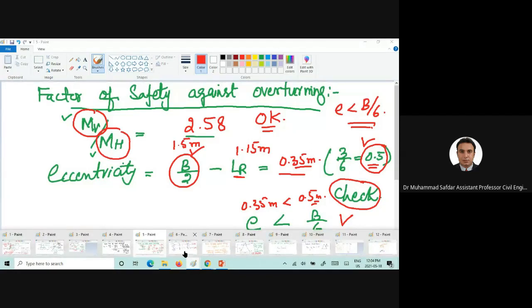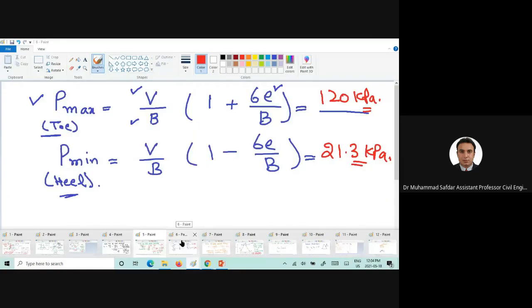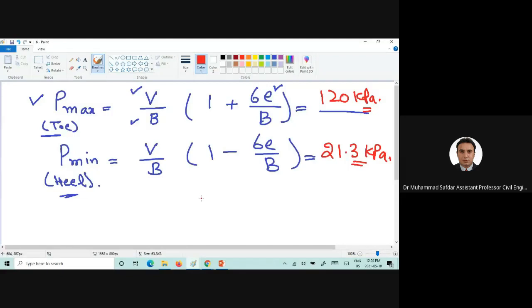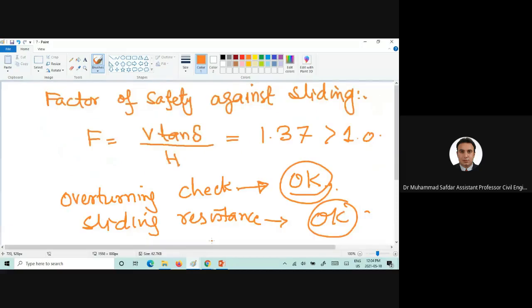Once we find these values, we will find out the maximum base pressure and the minimum base pressure. Then we will find out the factor of safety against the sliding failure, and we can use this equation.